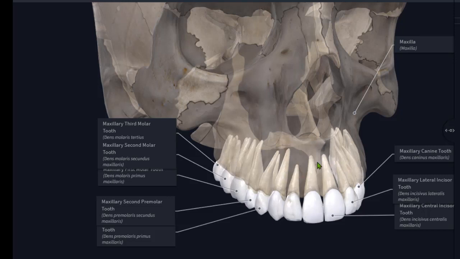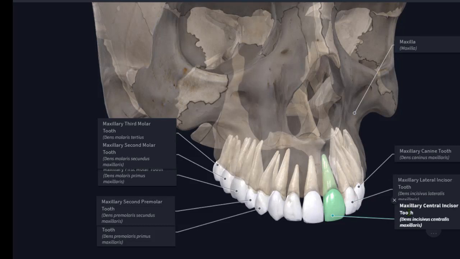Okay, so here you will find the canine teeth, the maxillary canine teeth, and here you will find the incisor teeth. So this is your lateral incisor tooth, and this is your medial or maxillary central incisor tooth.